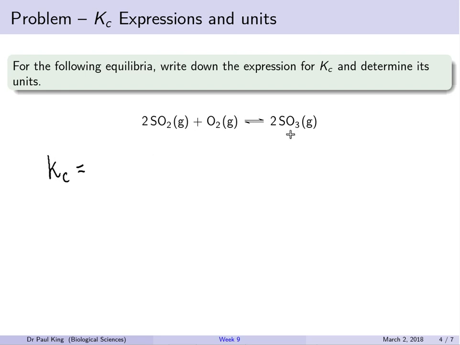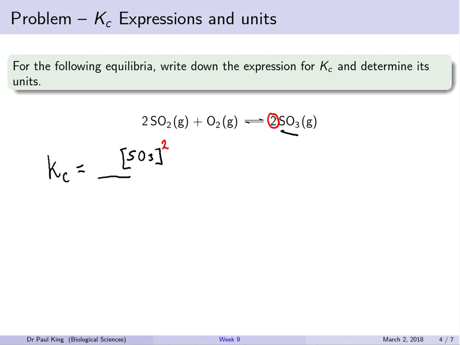And first thing we're going to do is look at our products, in this case sulfur trioxide, SO3. So we're going to write down a concentration term for SO3. And we're then going to raise that concentration term to the power that occurs in the chemical expression, which in this case happens to be a 2. Okay.